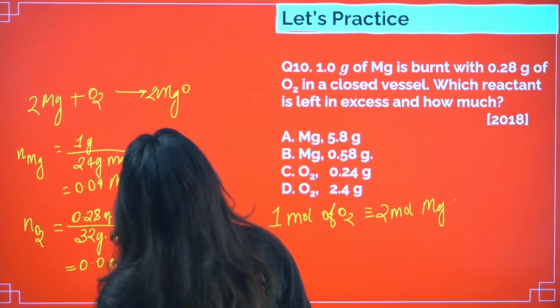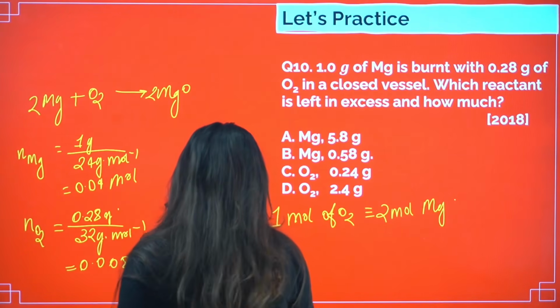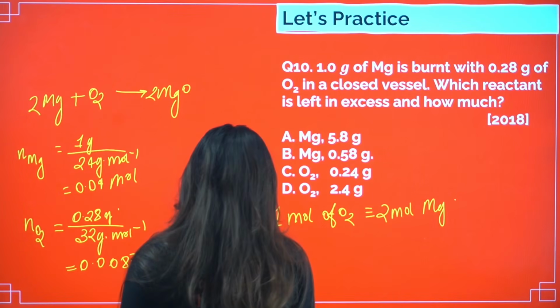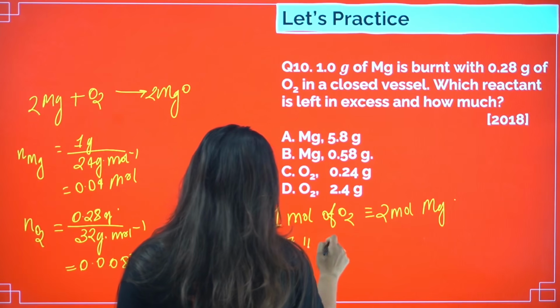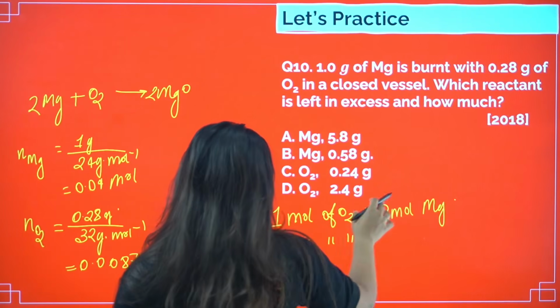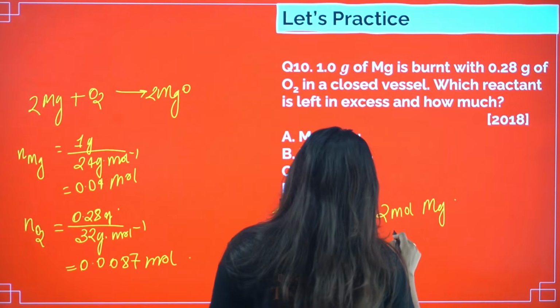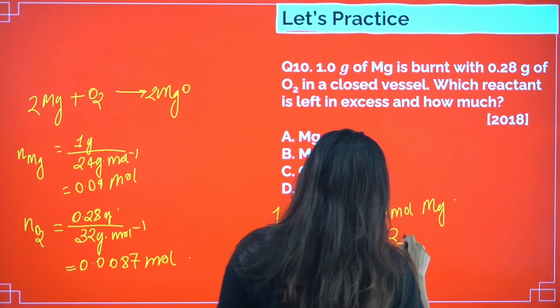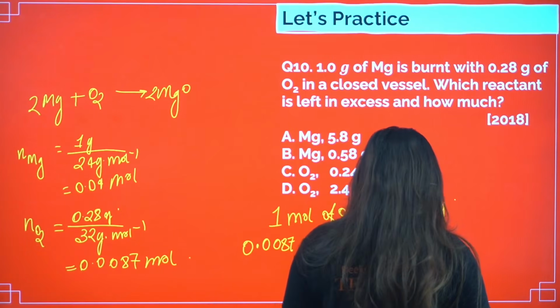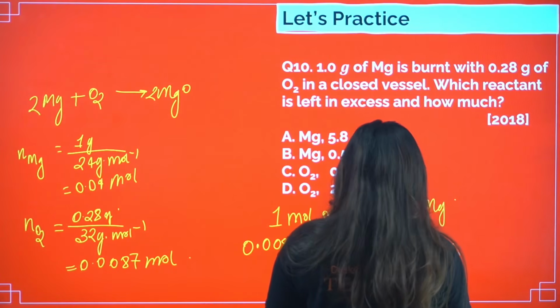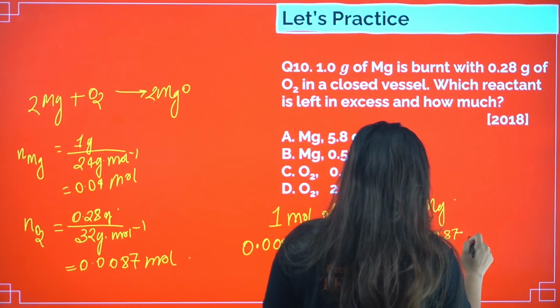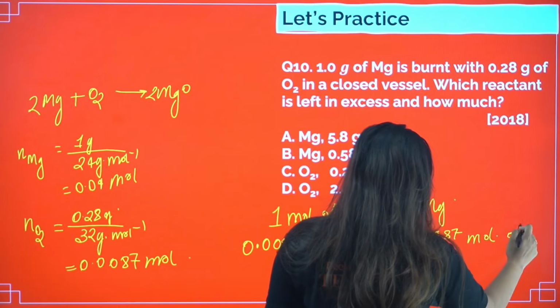Now from that I am getting 0.0087 mole of O2, meaning how much magnesium do I need. So 2 by 1 into 0.0087 mole of magnesium.